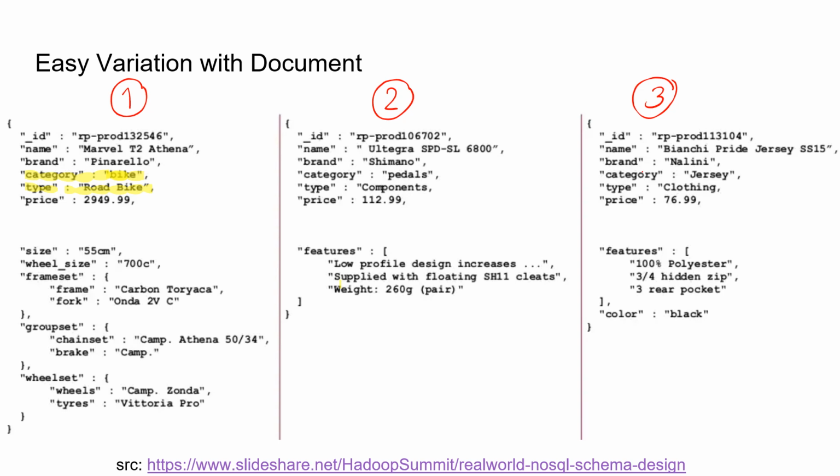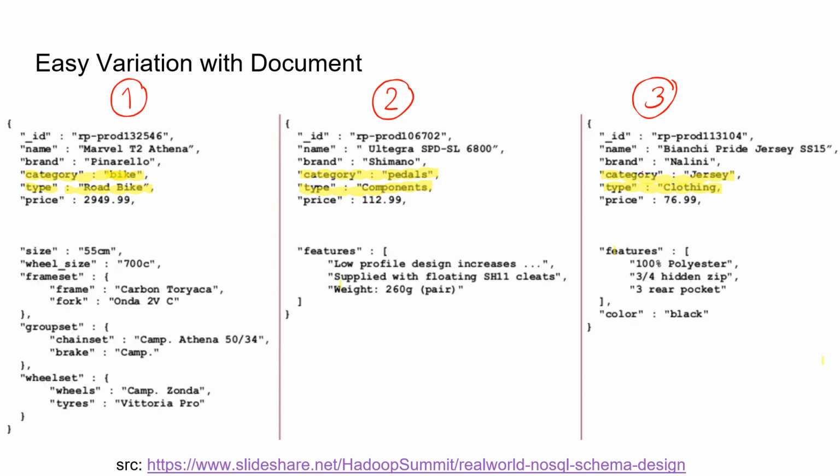So this is product 1, document number 1. And then for product number 2, we use document number 2 here, which is a component of bicycle, under a category pedals. And then the last one is under the clothing type with the category jersey.